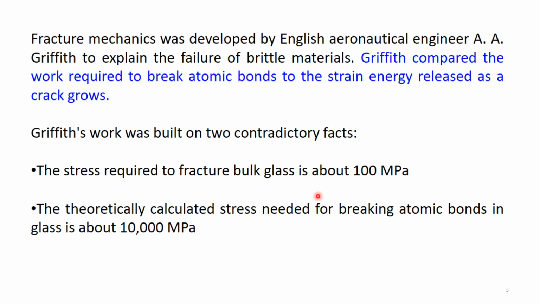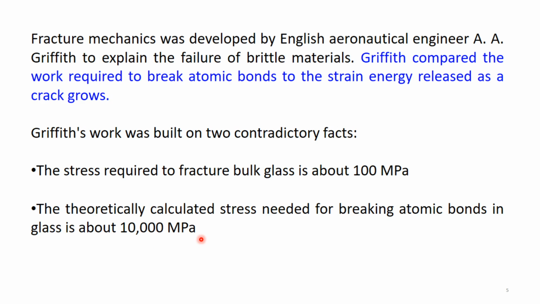So there is a huge difference between fracturing a bulk glass, where the stress required is 100 megapascal, and the theoretically calculated stress required to break atomic bonds in a glass, which is 10,000 megapascal. This is a huge difference.